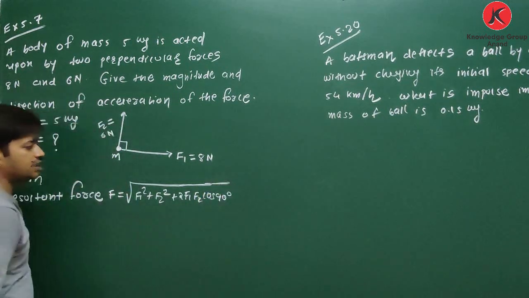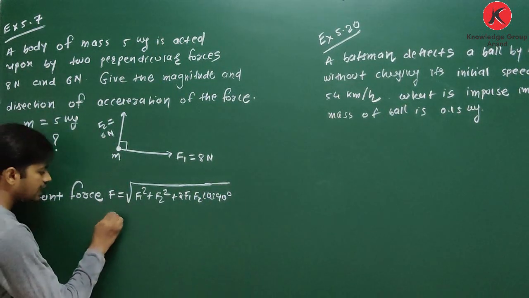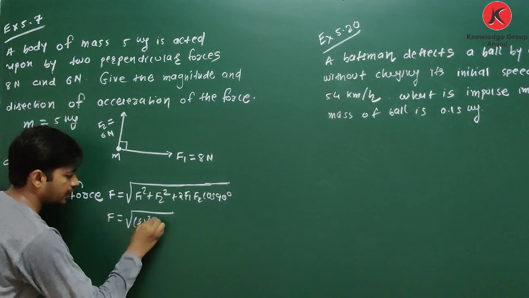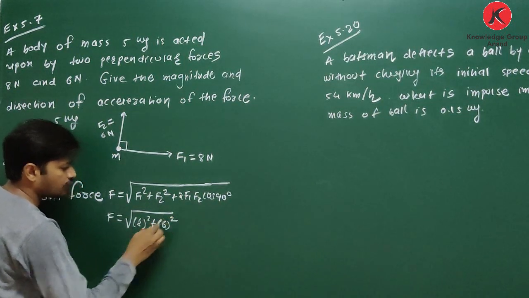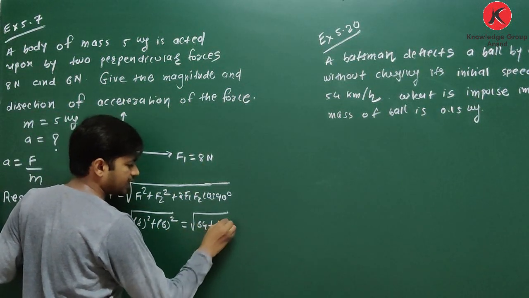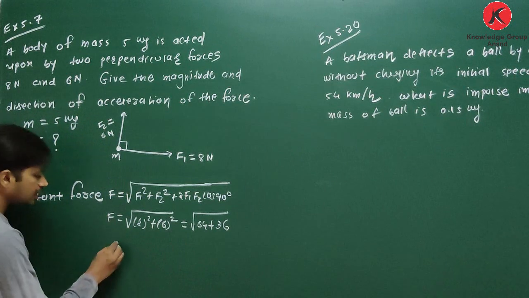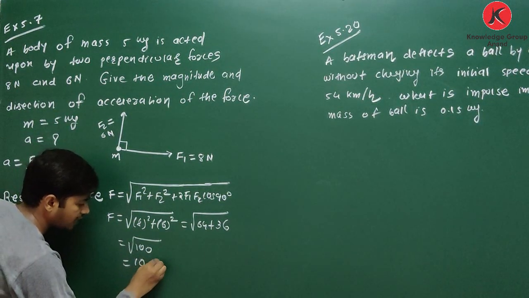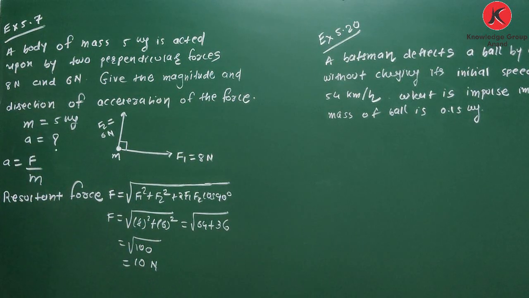Then F is equal to under root 8 square, which is 64, plus 6 square, which is 36. Total is under root 100, then force is 10 Newton.